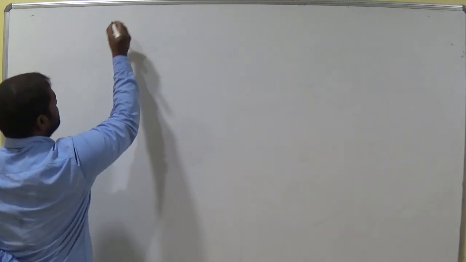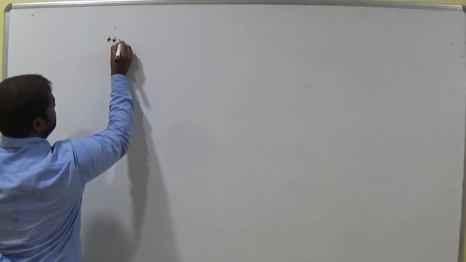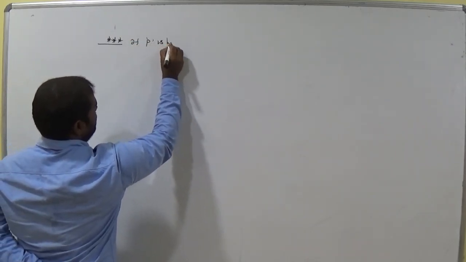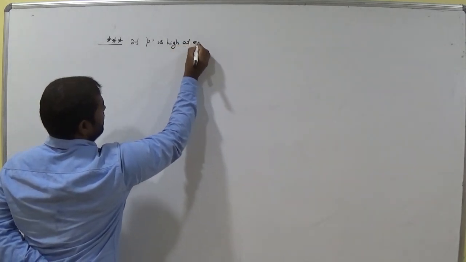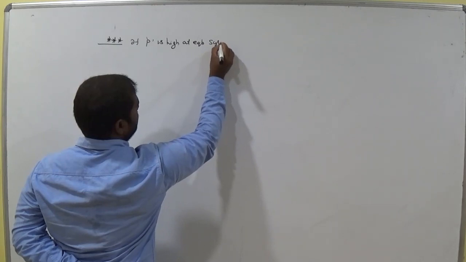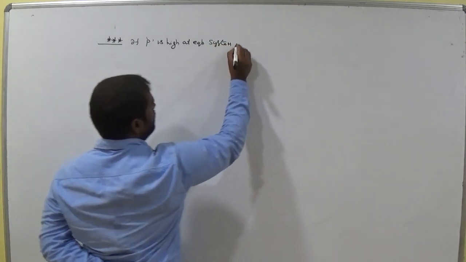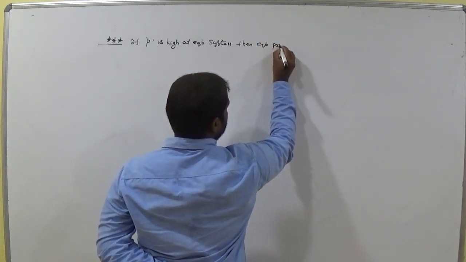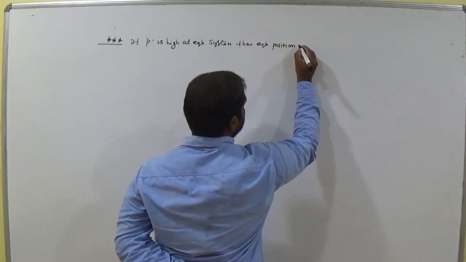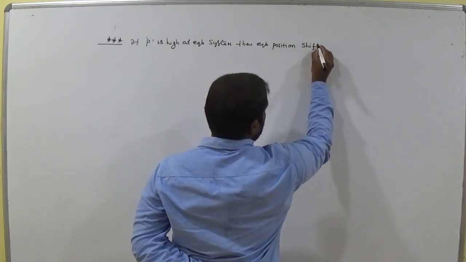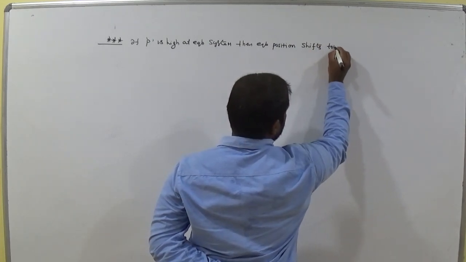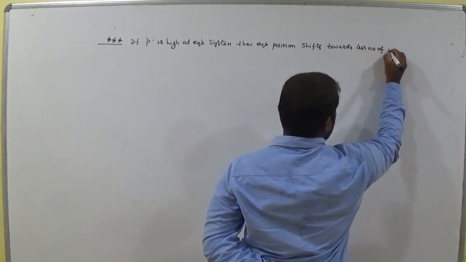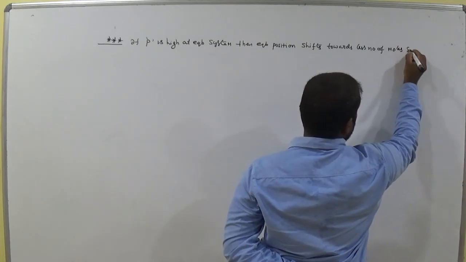So now the important point here is, if pressure is high at an equilibrium system, then the equilibrium position shifts towards the less number of moles side.